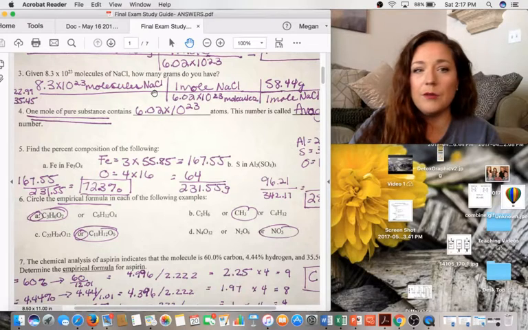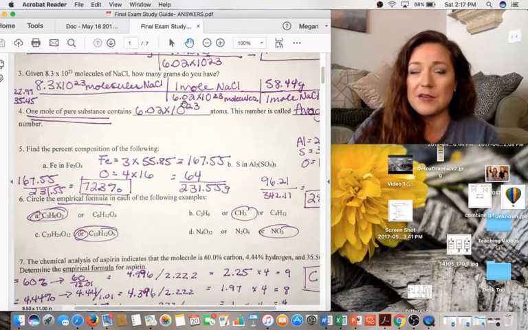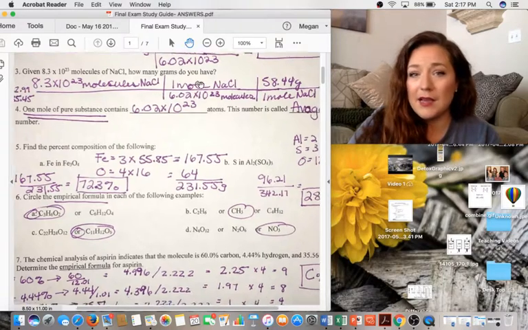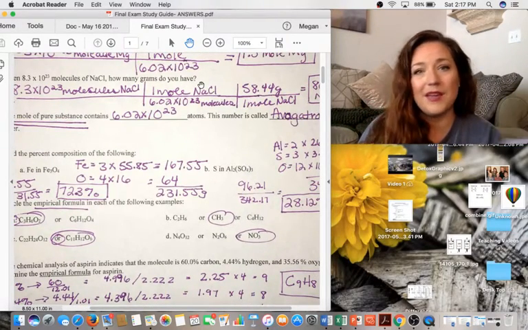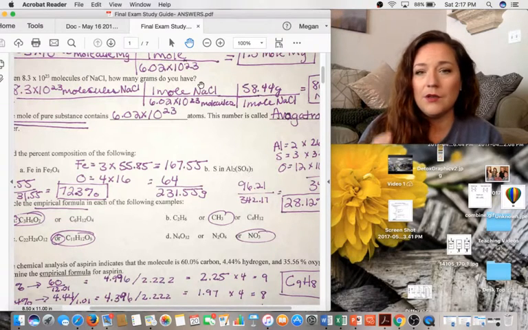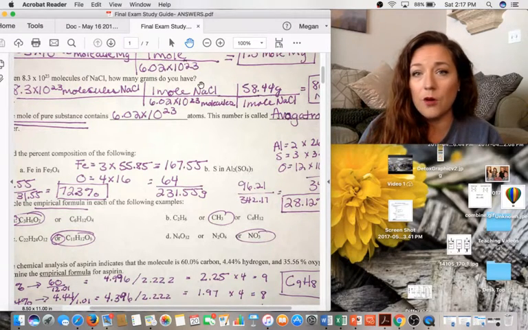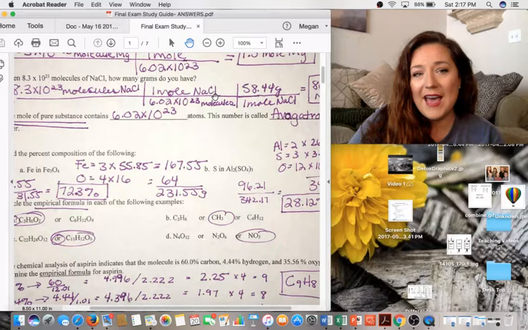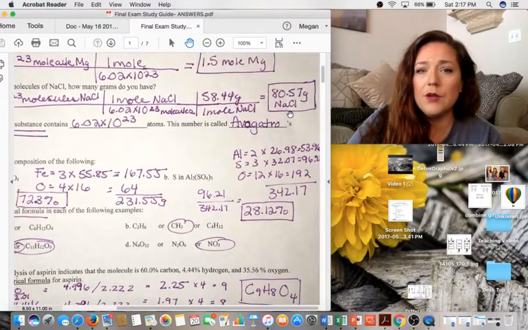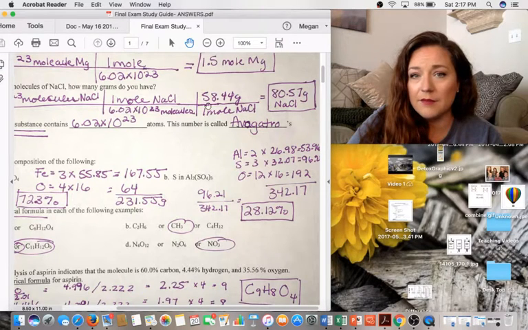And because we're going from molecules to moles, simply put 6.02 times 10 to the 23rd molecules on the bottom to make 1 mole. And because every element has its own AMU, you have to find the AMU for the grams for sodium chloride. So when you add up sodium and chlorine together, you get 58.44 grams for every 1 mole. So when you multiply across, divide by the bottom, you get 80.57 grams of sodium chloride.